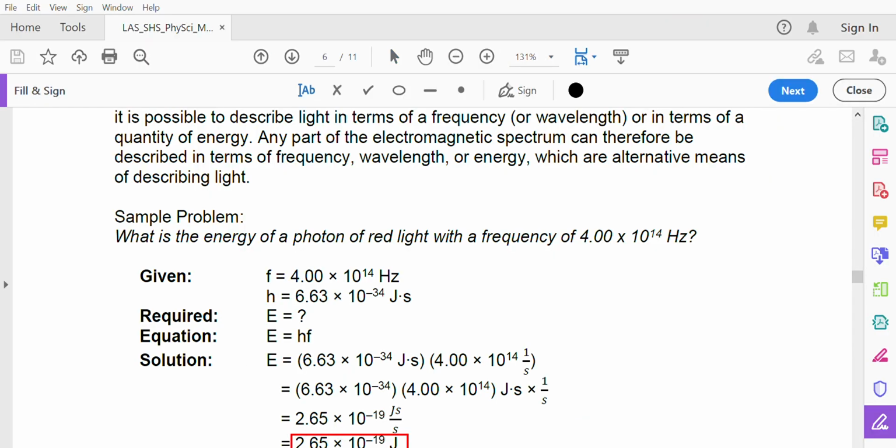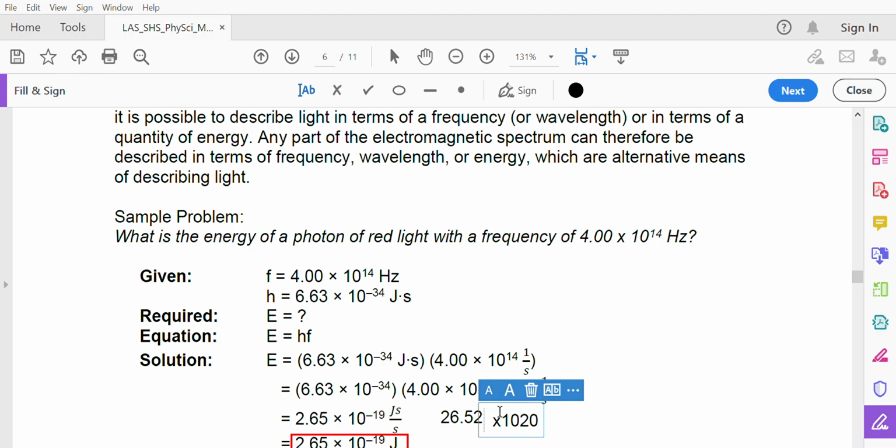The answer here is 26.52. And then after that, you add the exponents, minus 34 and 14, that is times 10 to the 20.